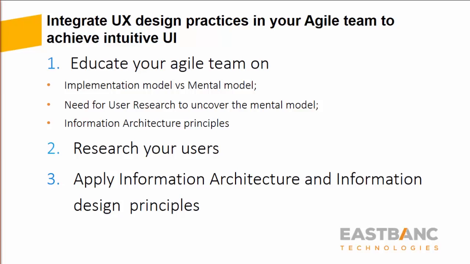Once they get it, you can move on to user research so they have an idea why you're performing it, so you can uncover the mental model and construct the represented model. And lastly, some members of your team should understand information architecture as well as information design principles, so you can implement them while you do wireframing of your product.